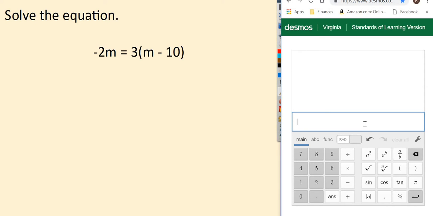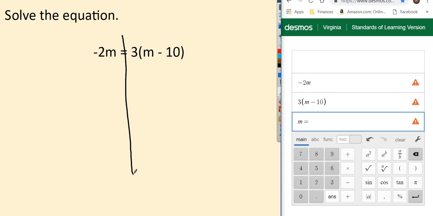I'm going to put in negative 2m on one line. I'm going to put in 3 times m minus 10 on the next line. And the third line, I'm going to put m equals, and I'm going to figure out what that's going to be. First thing I have to do is distribute. So I've got negative 2m equals 3m minus 30.